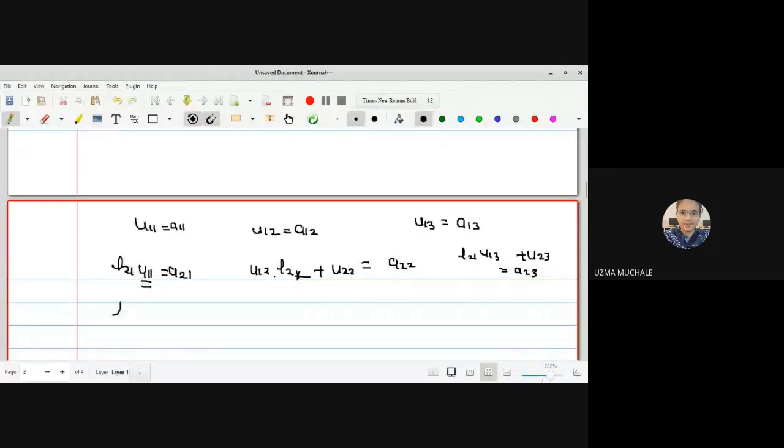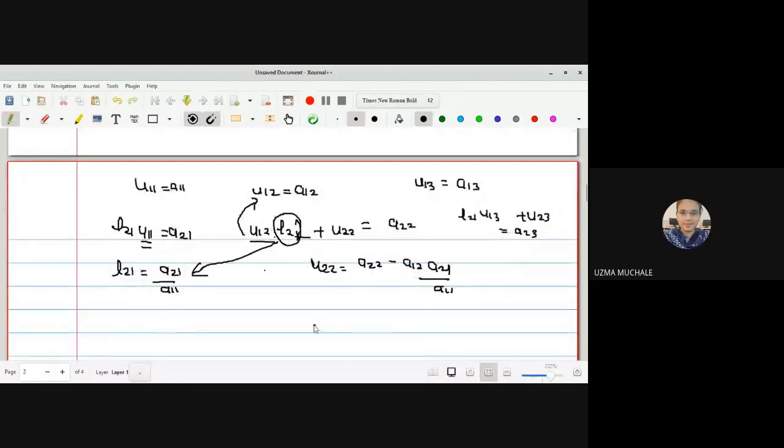A11. So L21 is equal to A21 divided by A11. Right? And U12 is A12, so we already know L21 from this term and U12 from this term. So we can write U22 is equal to A22 minus U12 L21, where U12 is A12 and L21 is A21 divided by A11. Is it clear what I am writing? Yes, ma'am.